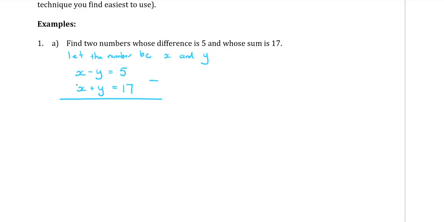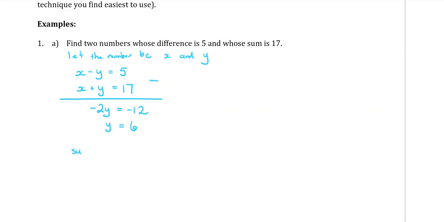So X minus X is 0. Minus Y minus another Y is minus 2Y, equals 5 minus 17, which is minus 12. Then I divide by negative 2 and I get Y is equal to 6.